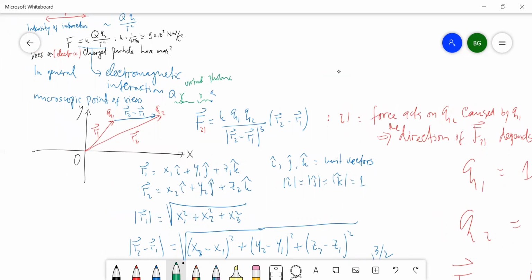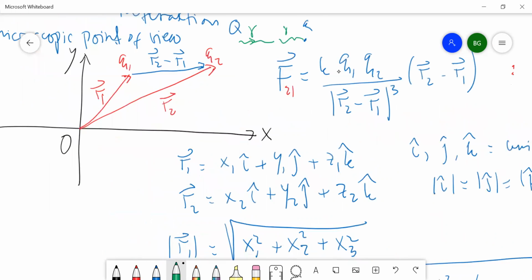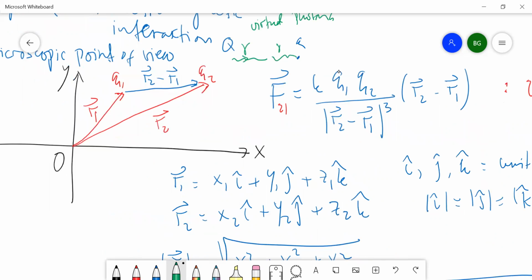Okay, so yesterday, for example, we described the interaction between Q1 and Q2. Each of their position vectors is R1 and R2, and the difference between them is R2 minus R1.